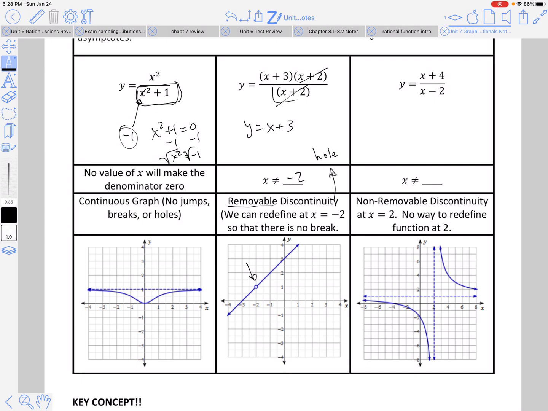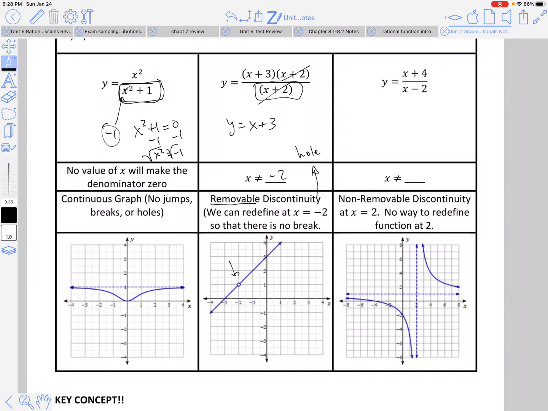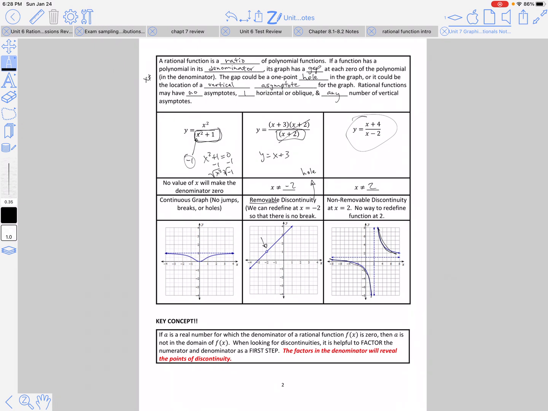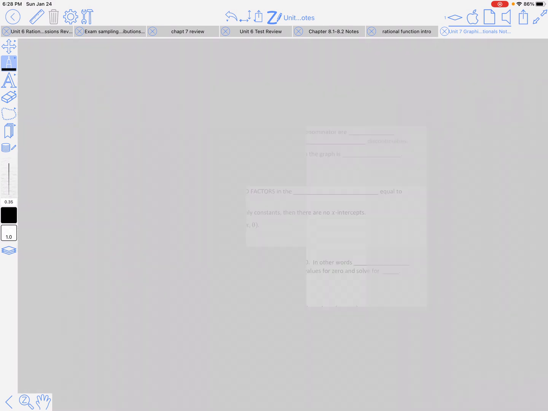X cannot be -2. All right, over here, we have a non-removable discontinuity at 2. So this imaginary line, it's dashed because it's not really a line. So this models the input and the output. This over here models the input and the output also.